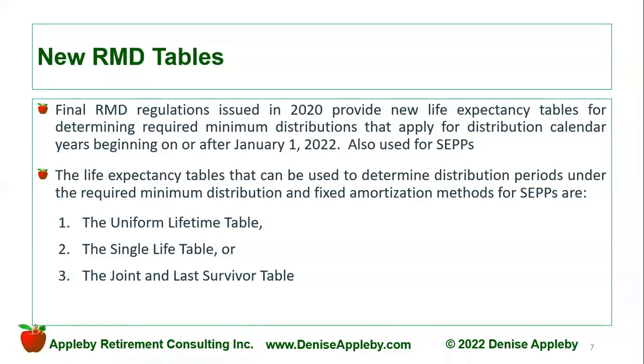The idea behind the new tables is that Americans are living longer, and by using the new tables, it allows them to take lower RMD amounts than would have been taken under the previous version of the tables. And all the tables are affected: the uniform lifetime table, the single lifetime table, and the joint life and survivor table.